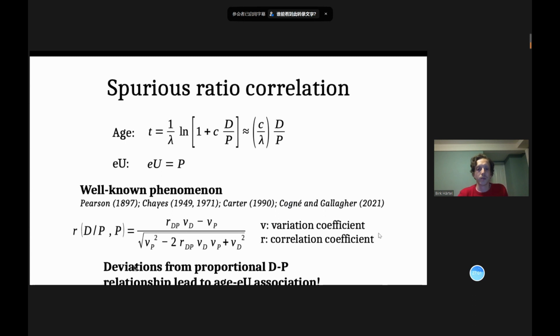And actually, if we would plug in those values here, we would get a value for the idealized case, which is 0, with no correlation at all between age and EU. But then, if we start deviating from this idealized relationship, the result of this equation will not be 0 anymore. And once we start deviating from this relationship, we get some kind of age-eU association just because our age equation includes both of them.